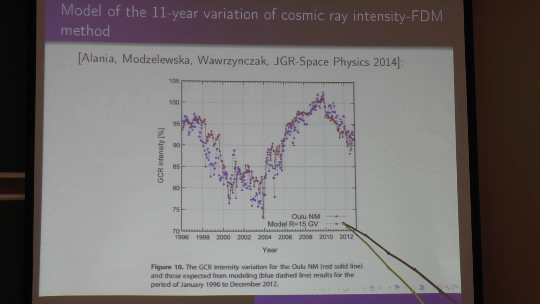This is the red one. This is the blue one. This is the expected model. And we compare this intensity with our neutron monitor measurements. And we obtained quite good correspondence between experiment and model in shape and also in amplitude.